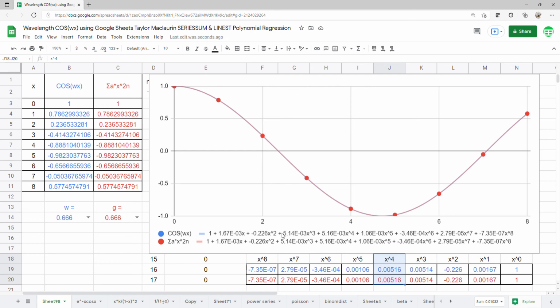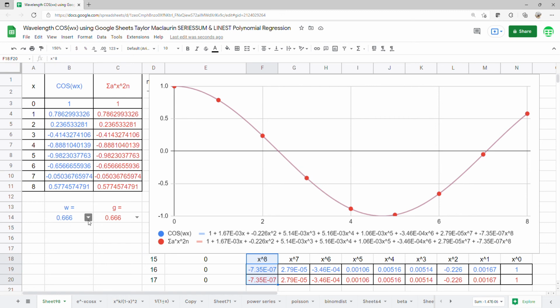Coefficient of x to the 4th, 5.16 times 10 to the minus 3. Coefficient of x to the 5th, 1.06 times 10 to the minus 3. Coefficient of x to the 6th, 3.46 times 10 to the minus 4. Coefficient of x to the 7th, 2.79 times 10 to the minus 5. And coefficient of x to the 8th, 7.35 times 10 to the minus 7.